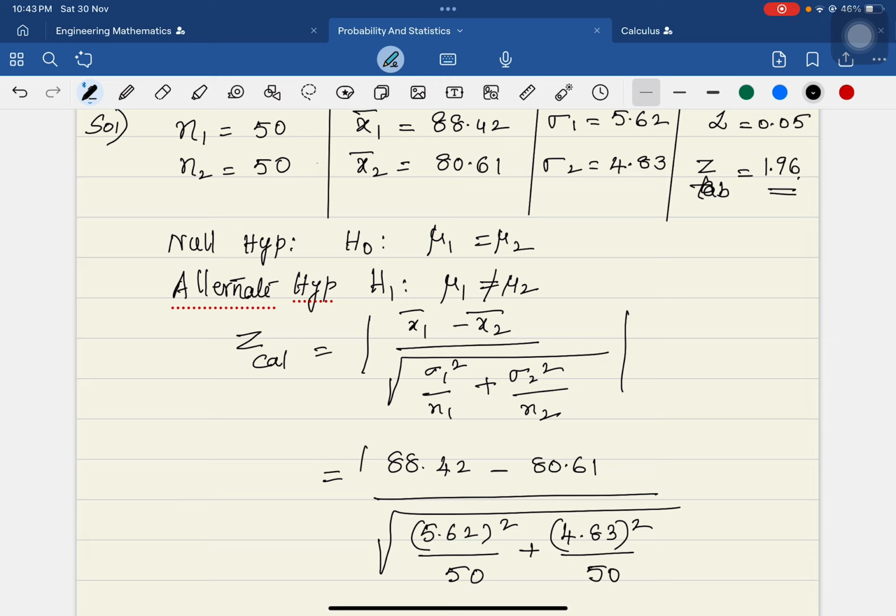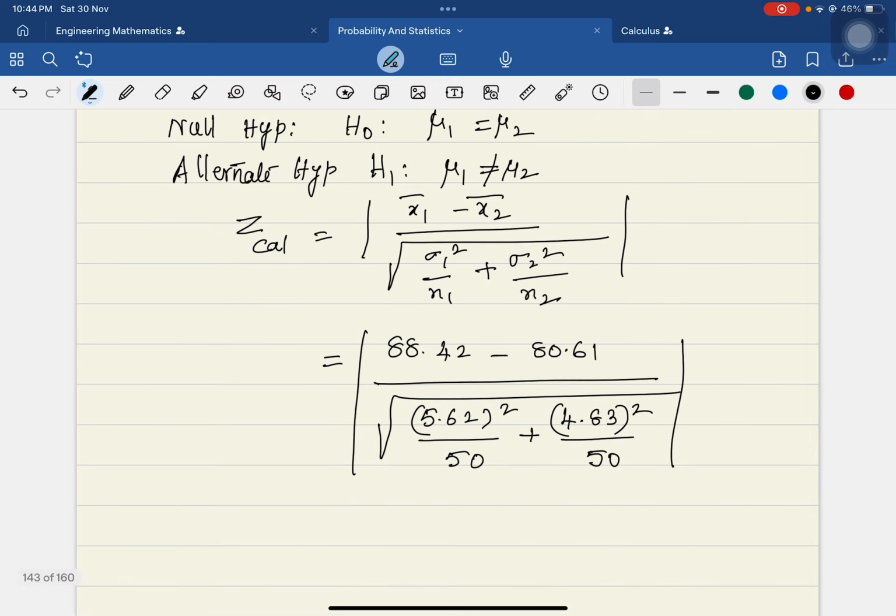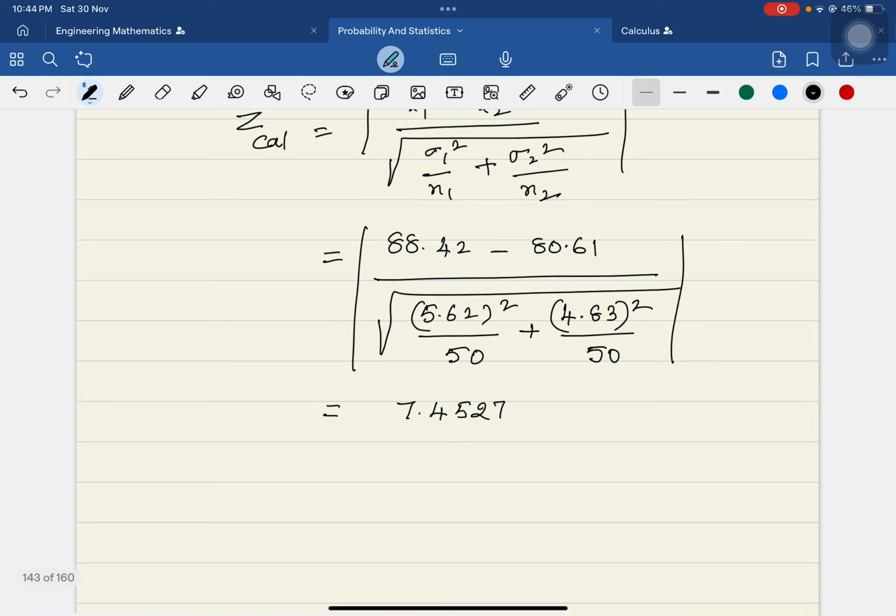When you solve this using the calculator, you get the value 7.4527.